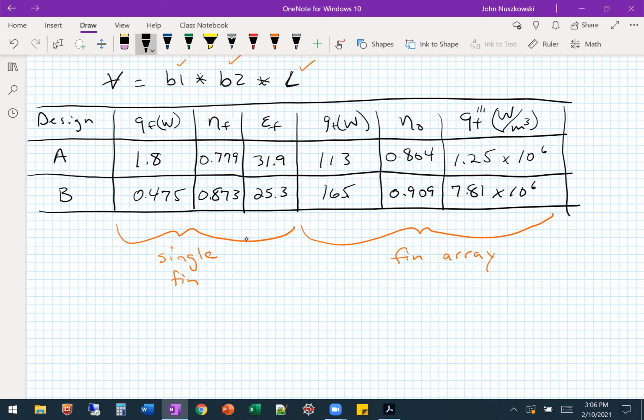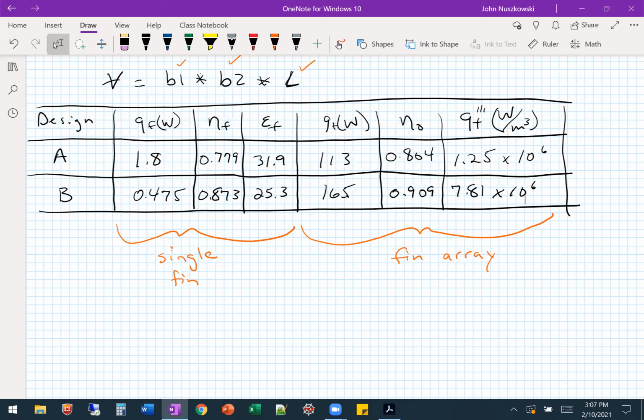So which design do you recommend going with? B. Why? The efficiencies are better and the volumetric heat transfer is better.